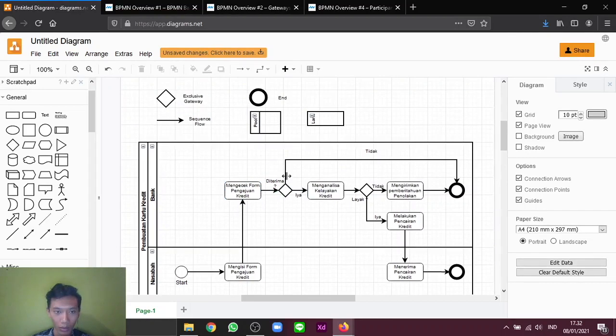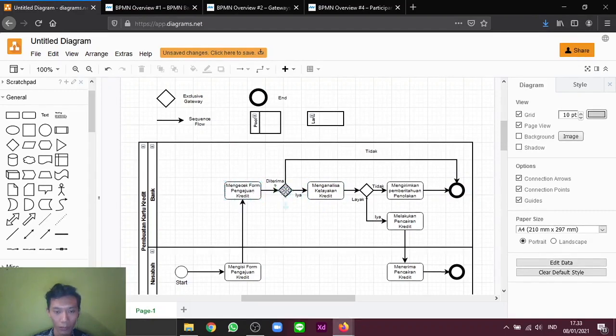The exclusive gateway gives a choice of approved, yes or no. If the form is not approved, this is the end, and the process actually ends.